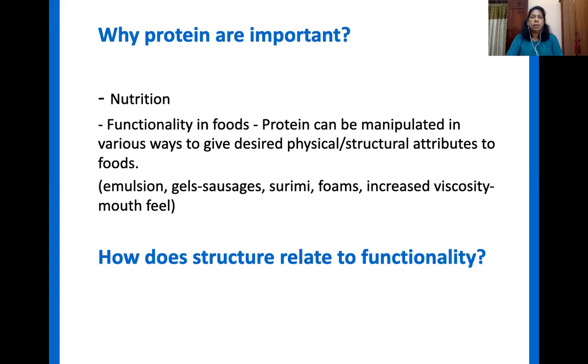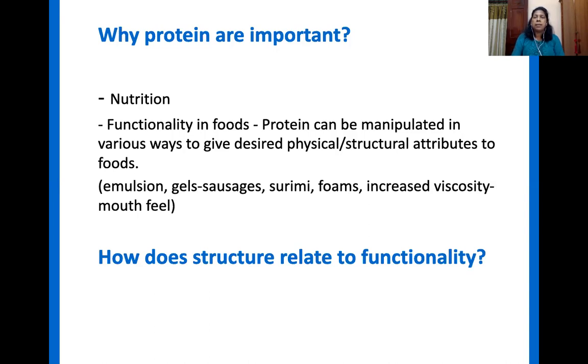Protein can be manipulated in various ways to give desired physical and structural attributes to foods, for different purposes: to keep it for a longer period, to increase the shelf life, to increase eatability, or to improve the sensory attributes.